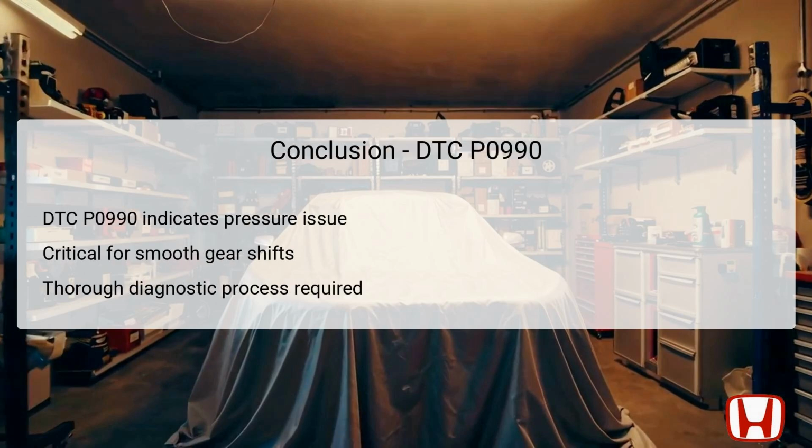In conclusion, DTC P0990 signifies a critical issue related to the transmission fluid pressure switch E in Honda Accord models from 2012 to 2017. Addressing this diagnostic trouble code is essential for ensuring smooth gear shifts, preventing unnecessary wear and potential damage to the transmission system.